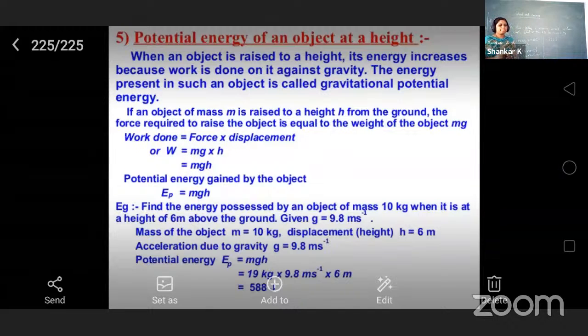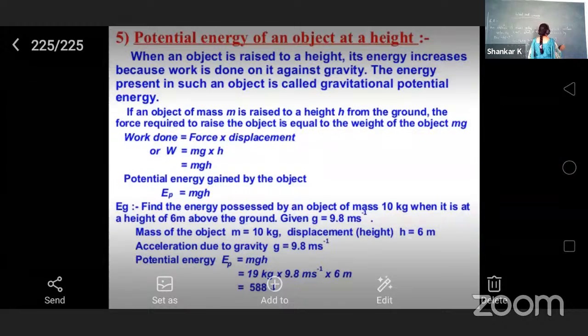So if you take a shot put or a heavy ball, which one can you raise very high? Tell me.